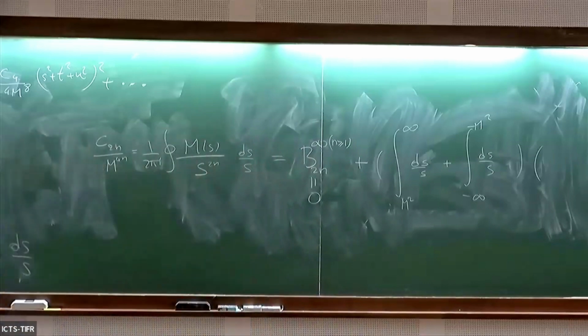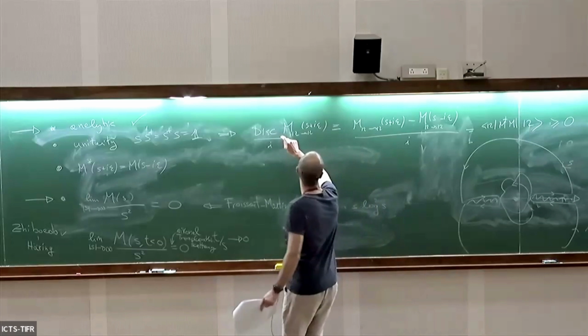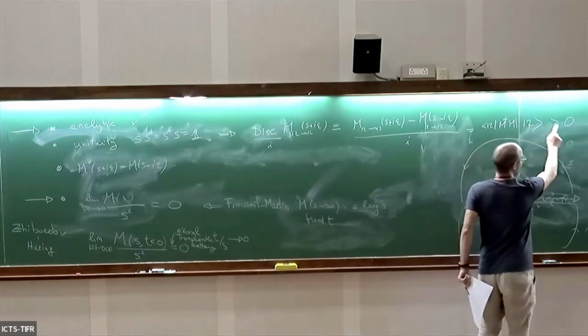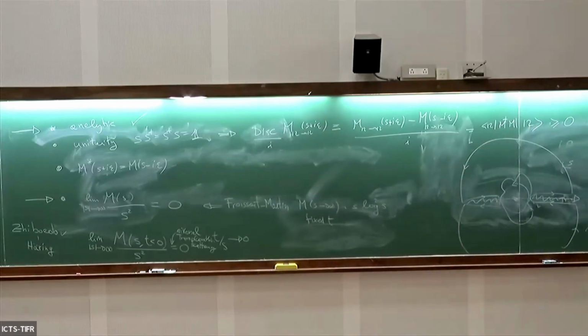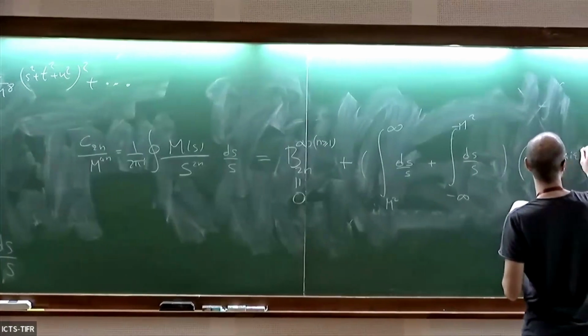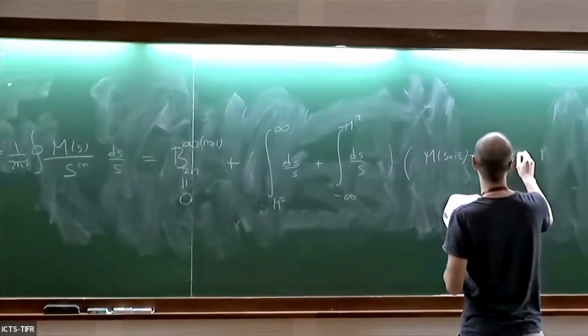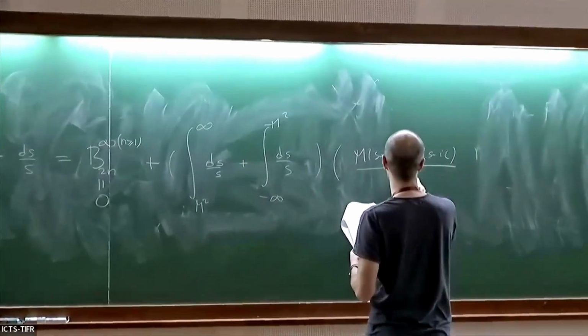So the amplitude above minus the amplitude below, which is a sum of squares. So this one is equal to M(s plus i epsilon) minus M(s minus i epsilon), divided by 2i.